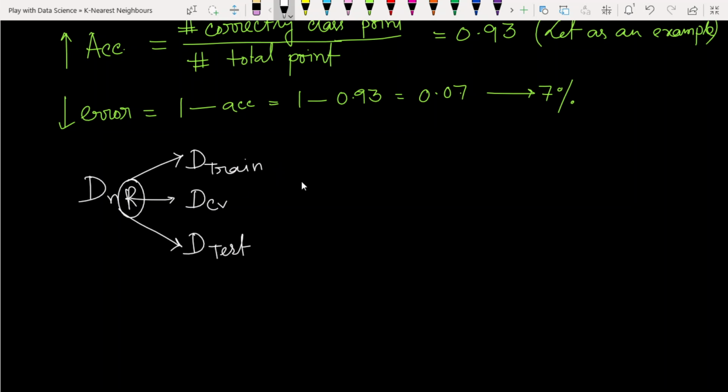To find our best function, we use only two of these, the train data and the cross validation data. In kNN we find the best k. To find our best k we use the cross validation data, and the train data supplies the nearest neighbor points. We have already seen this in the cross validation technique.